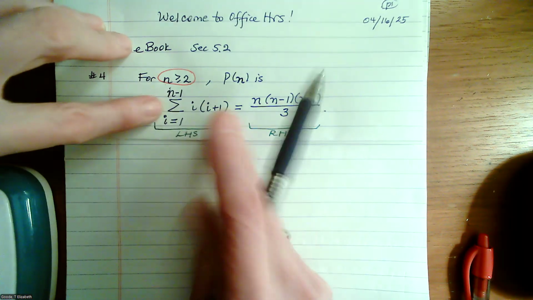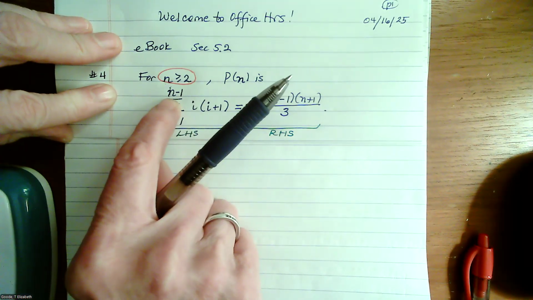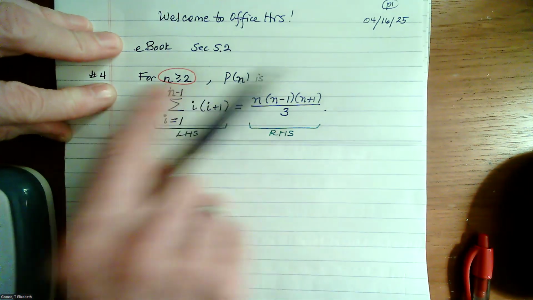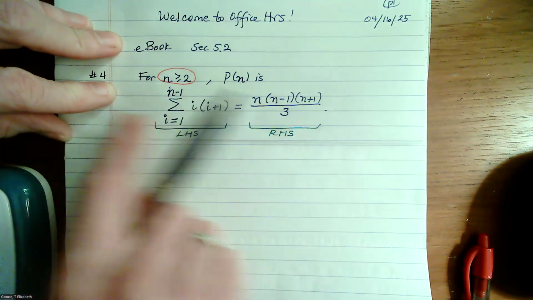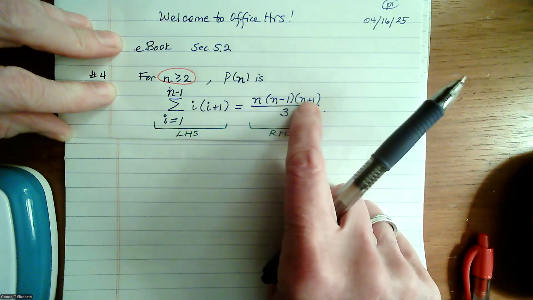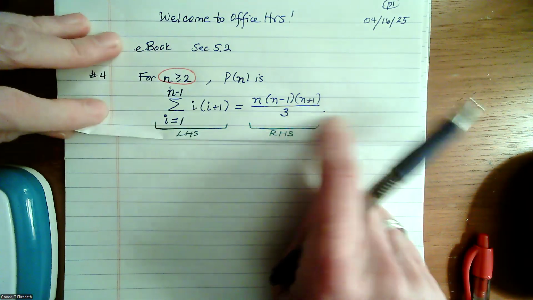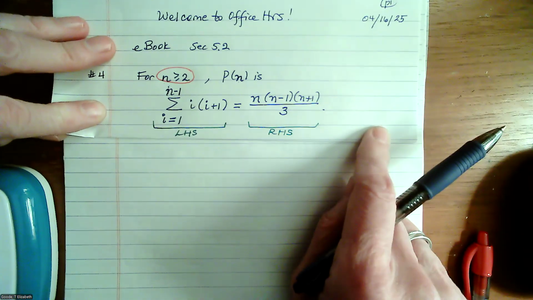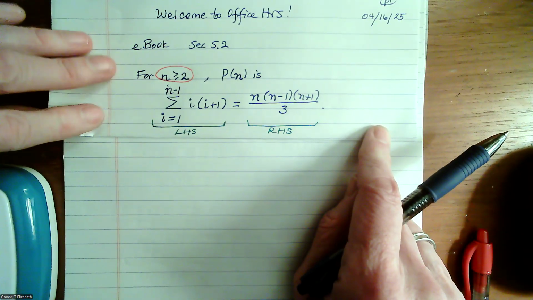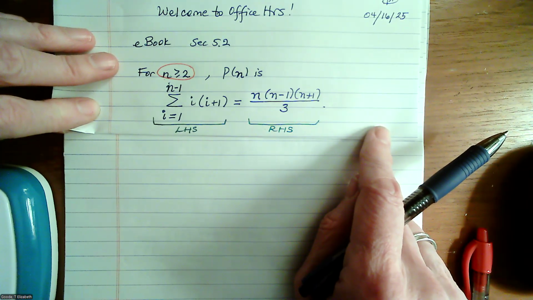That no matter how big and long this sum is, if n is 100 and this is the sum of 99 terms, that sum will equal what we get when we plug in 100 here, here, and here. You see, we're trying to prove an infinite number of statements with a single argument, with one proof. It's kind of cool that we're actually proving an infinite number of statements with just a single proof.